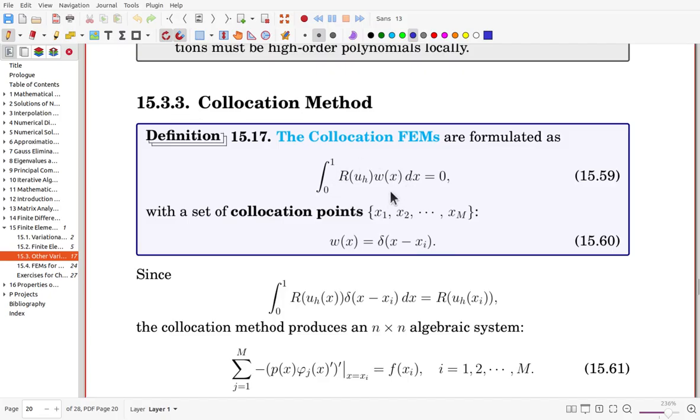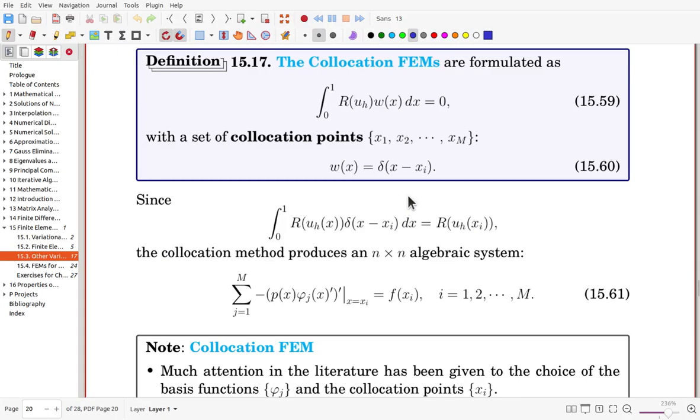So here, for the integration from 0 to 1, this is the integrand, and delta(x minus xi) is there, then that must be, for this function, just the evaluation at xi.